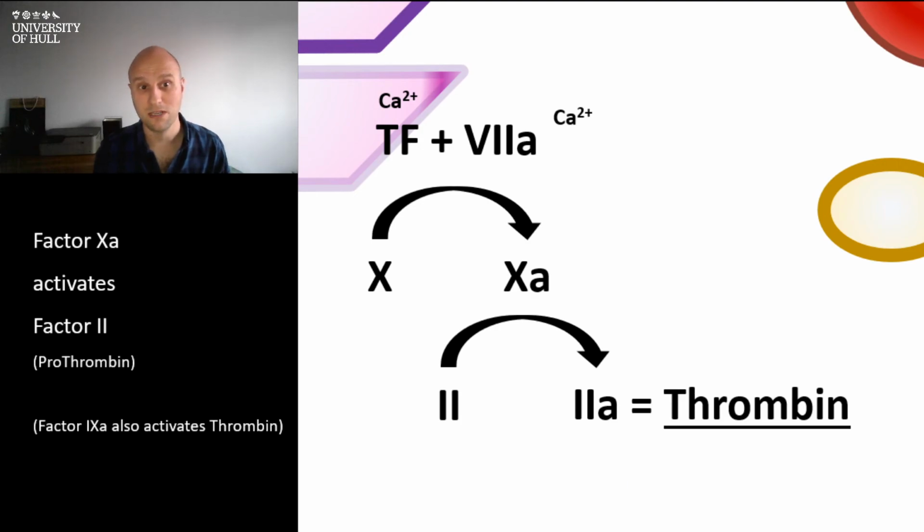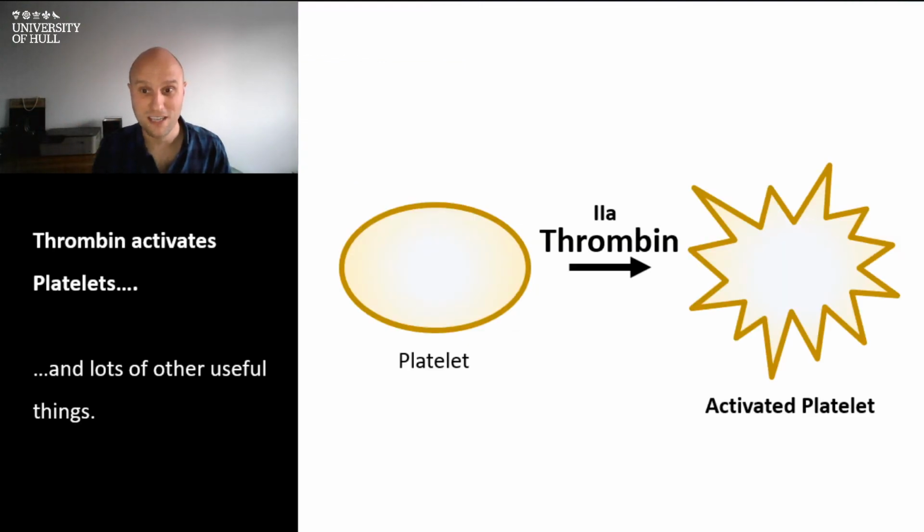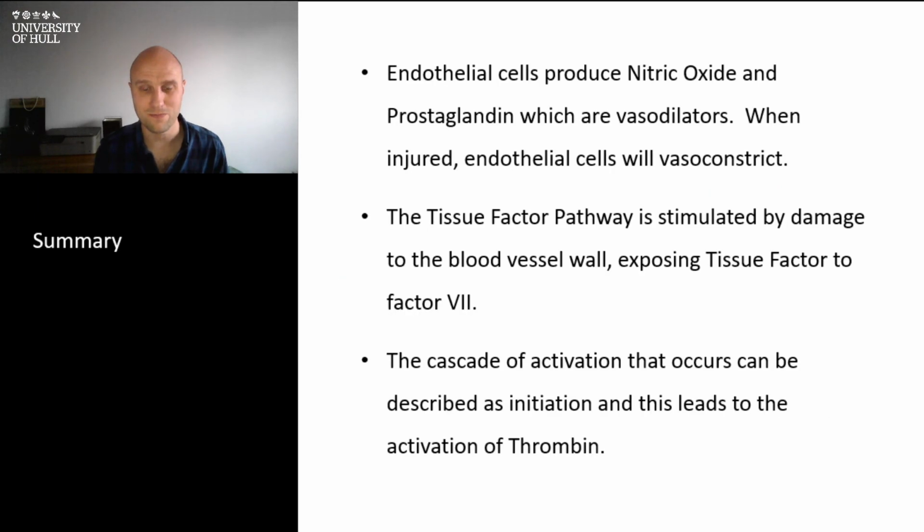And this is probably the most significant, if you like, factor within the whole coagulation cascade, in that it has lots of actions, and one of the principal actions it has is to activate platelets. And we'll go on in the next tutorial to discuss exactly what an activated platelet does, and then furthermore we'll discuss the many roles of thrombin as well.